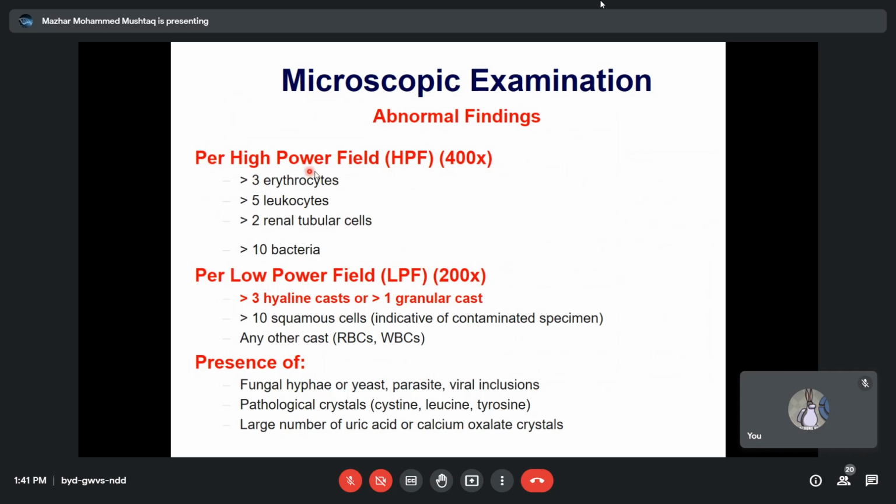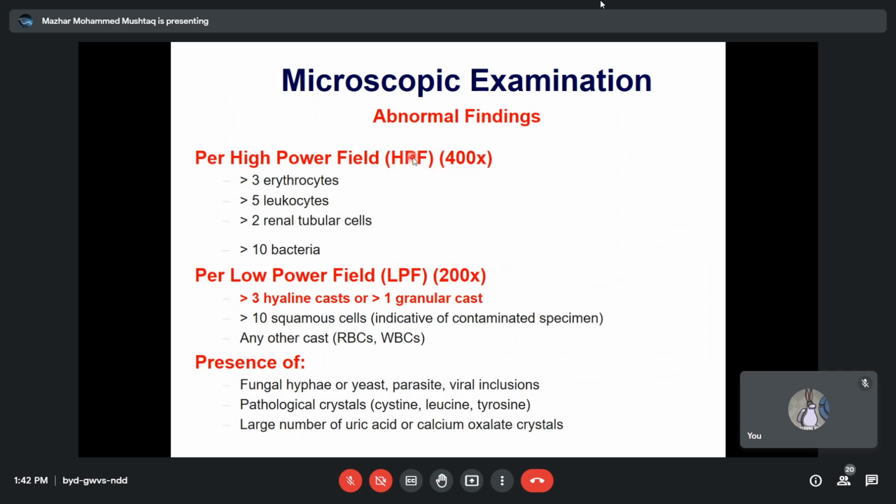Per high power field, which we write as HPF, that is 400 times the zoom. With the microscope, you are zooming on the slide 400 times the size. That is called HPF, high power field.